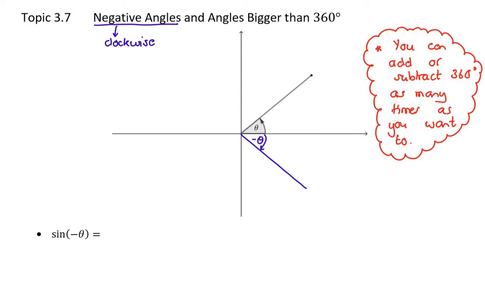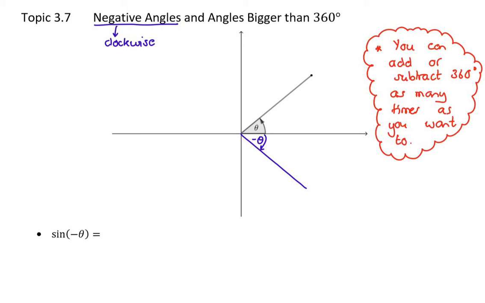The reason is, if you're facing a certain direction, for example if I draw a line that way, and you rotate 360 degrees all the way around, you come back to exactly the same place because there are 360 degrees in a circle. That's why you are allowed to add 360 degrees as many times as you want, and you will land up with a different number, but it's effectively the same angle.